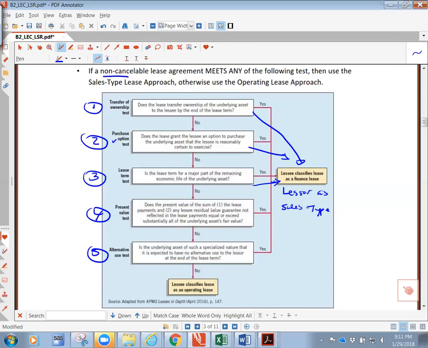Does the present value of the sum of the lease payments as defined, which is a special definition under GAAP, and any lessee residual value guarantee not reflected in those lease payments equal or exceed substantially all of the underlying asset's fair value?